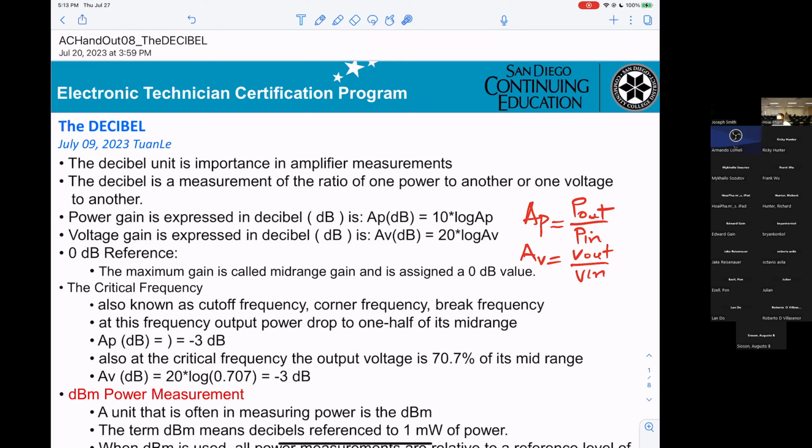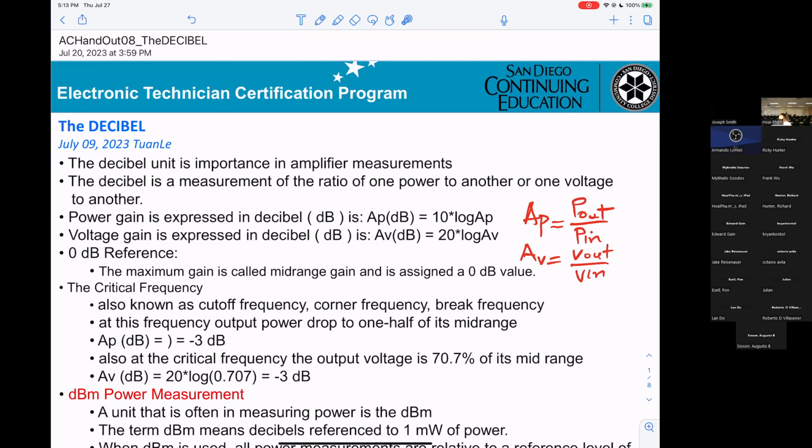And the voltage gain will be calculated in dB. AV in dB, decibel, equals 20 times log of AV.